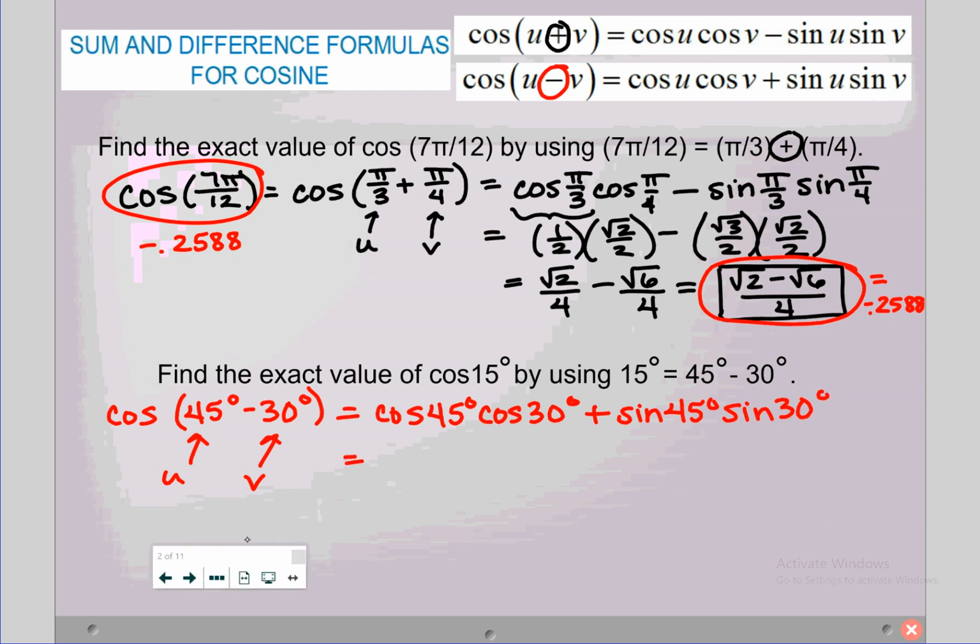What's cosine of 45? Rad 2 over 2. What's cosine of 30? Rad 3 over 2. Plus sine of 45.